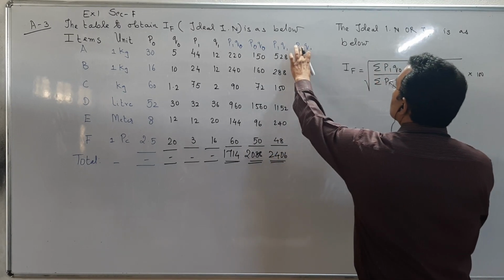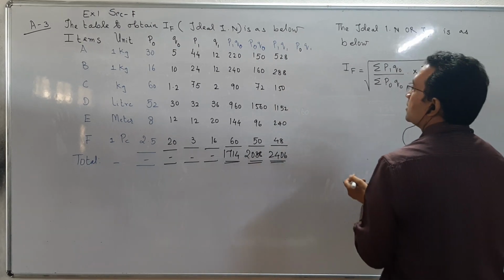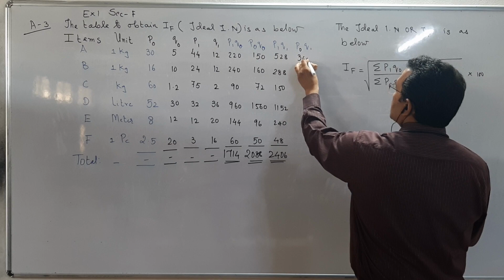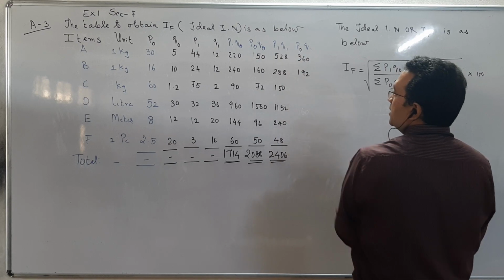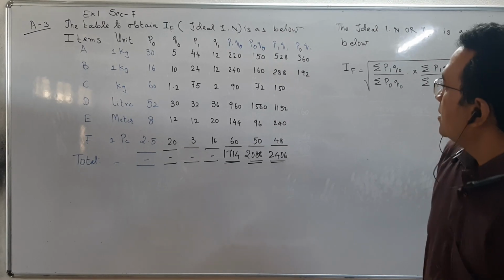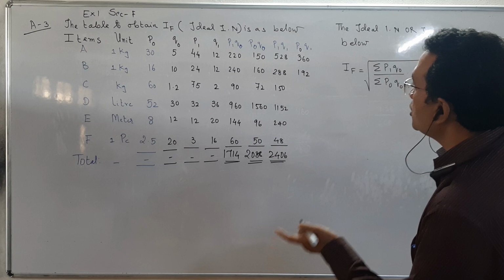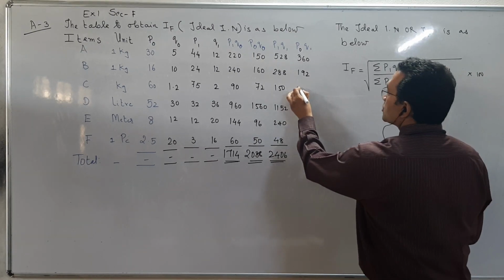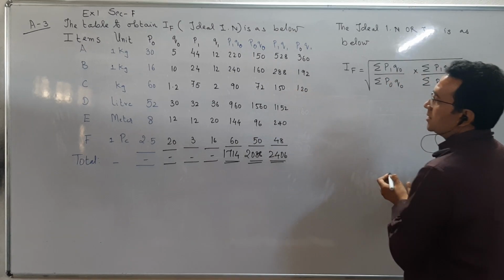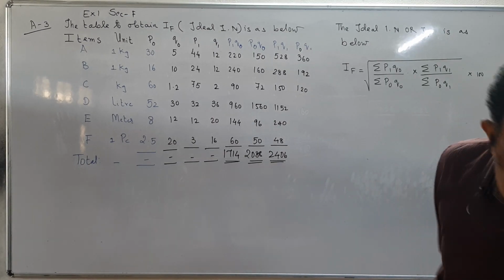Then, students, P0 and Q1: 30 into 12, so 360, 16 12s are 192. Then 60 into 75, 60 into 2, so 120. Then 52 into 36, so 1872.